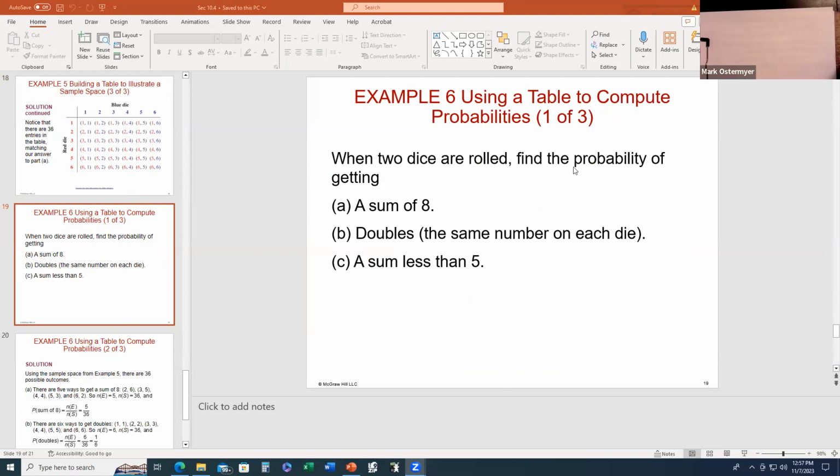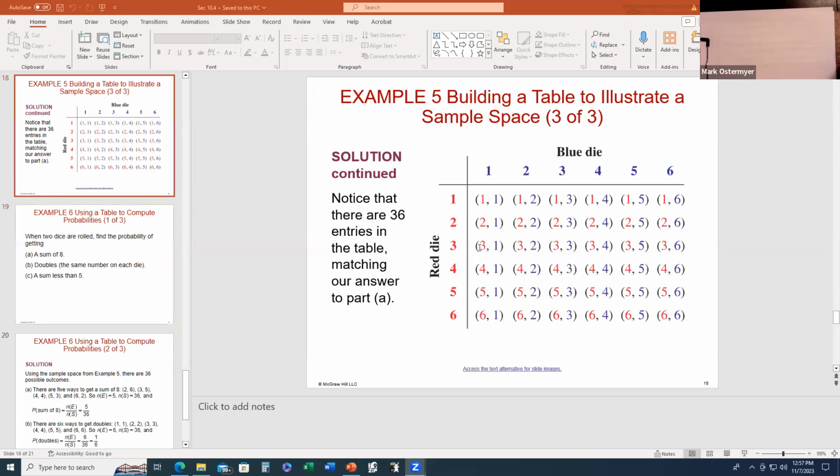Okay, when 2 dice are rolled, find the probability of getting a sum of 8. So how many of these outcomes render a sum of 8? Well, a sum of 8 could occur when you roll a 4 and a 4, a 5 and then a 3, or a 6 and then a 2, or if you roll a 3 and then a 5, or if you roll a 2 and a 6.